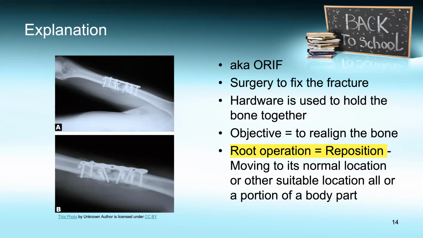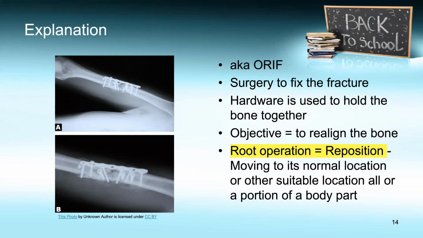So the objective is to widen the artery so that the blood flow improves. The objective, again, is to widen the artery, and that's key to our root operation.